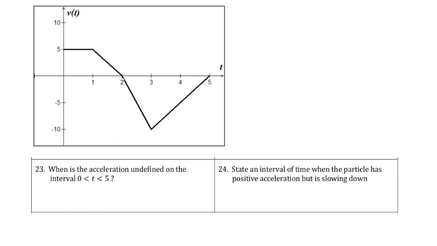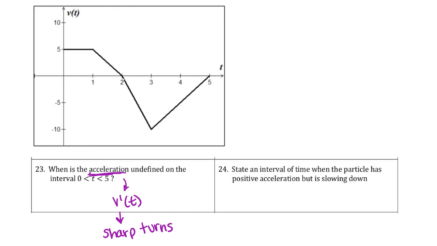So if you're looking for where we're undefined, now acceleration, talking about that being undefined, that is the derivative. That's talking about where is v prime undefined, and v prime is going to be undefined at sharp turns or discontinuities. But here we are continuous, so we're looking for those sharp edges.